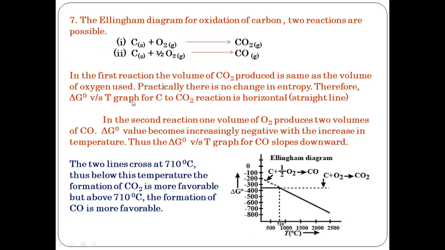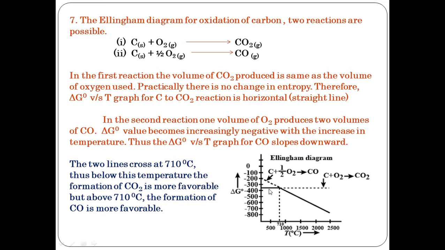So the delta G naught versus temperature graph for carbon to carbon dioxide is a horizontal, straight line.